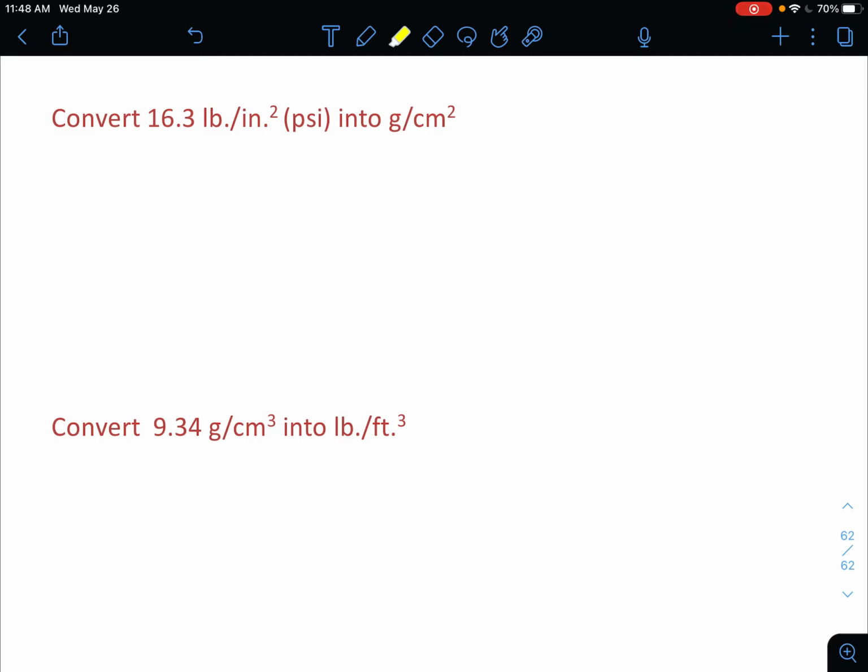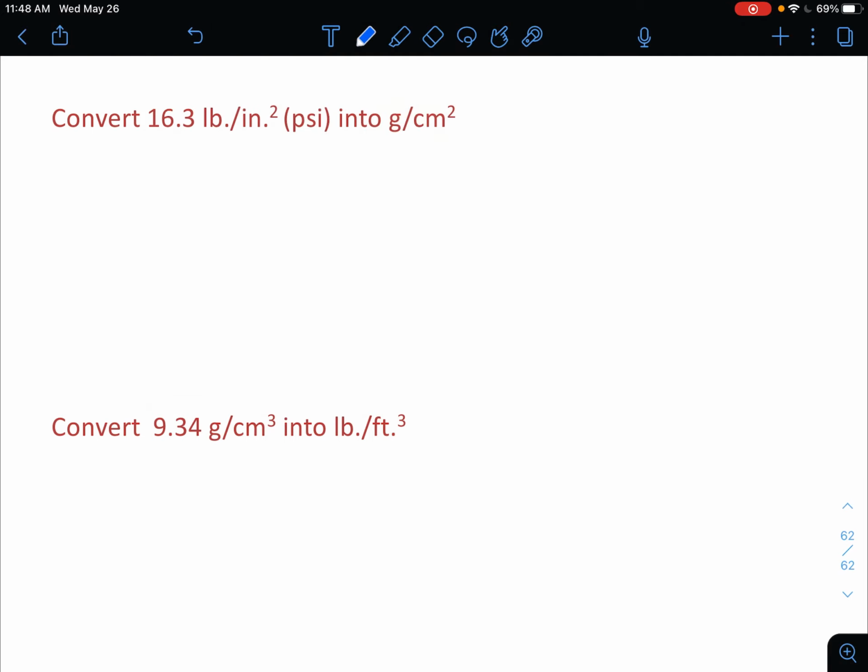So for example, in the first one, going from pounds to grams, I'm going to do exactly like I've normally been doing for a first power unit. But in the part where I'm converting from inches squared to centimeters squared, I'm going to need to square the conversion factor there.